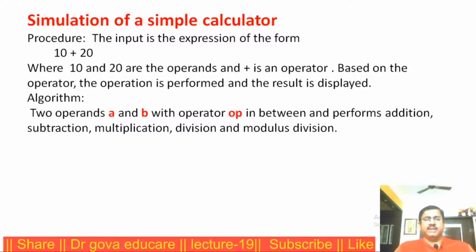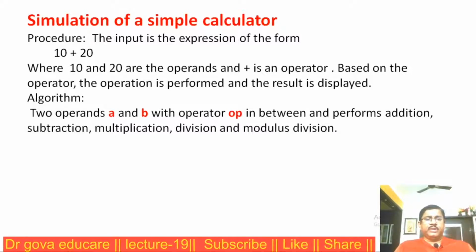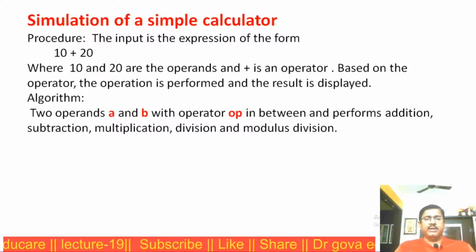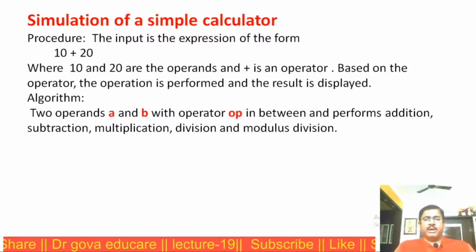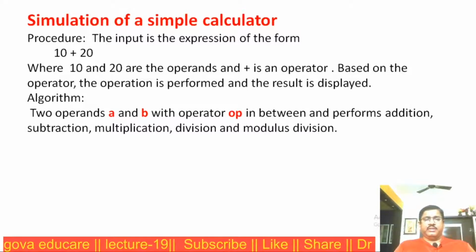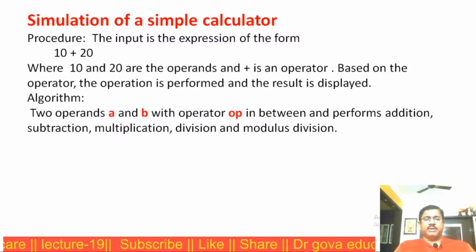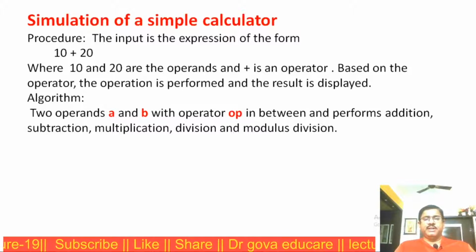Now this is the algorithm. Here suppose A and B are operands. Op is the operator in between A and B to perform addition, subtraction, multiplication, division and modulus division.